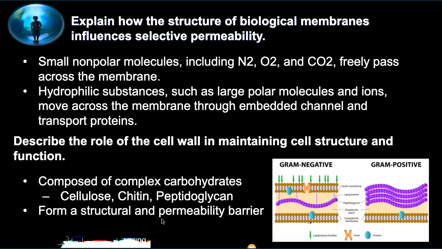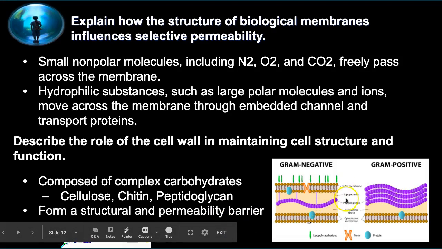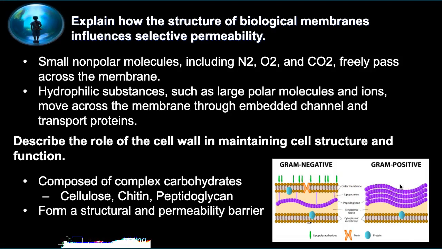The structure of the cell wall: you can think not all cell walls are made of cellulose, right? We talked about plants having a cellulose cell wall. Chitin is found in fungi, and peptidoglycan is found in bacteria. And here are two different bacteria, the gram-positive and the gram-negative. So the purple is the peptidoglycan. Here you see peptidoglycan on the surface, and it's in layers.